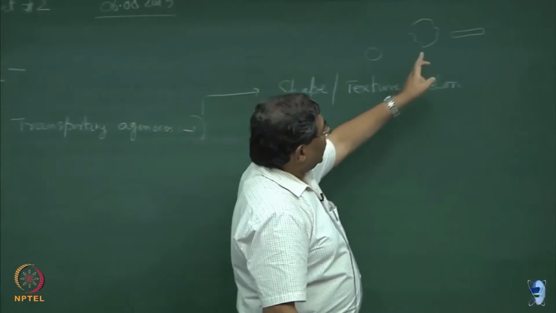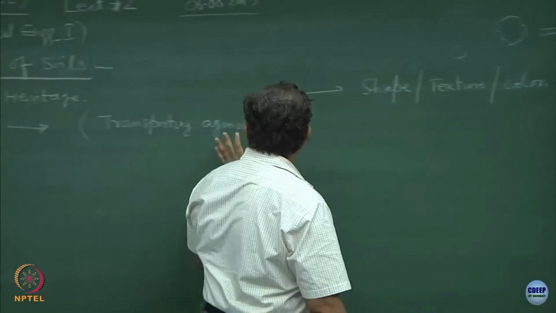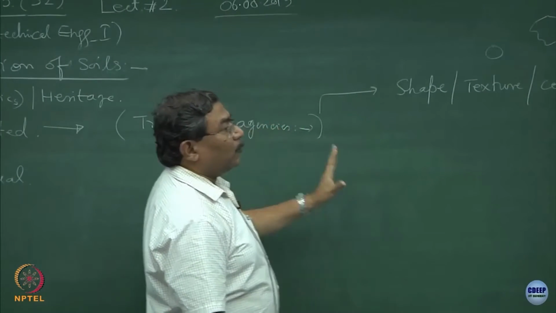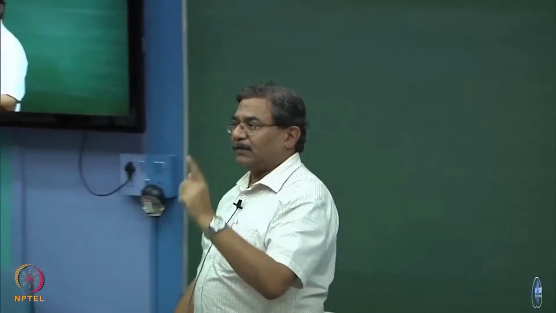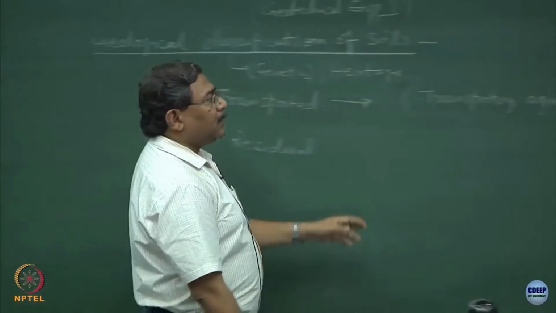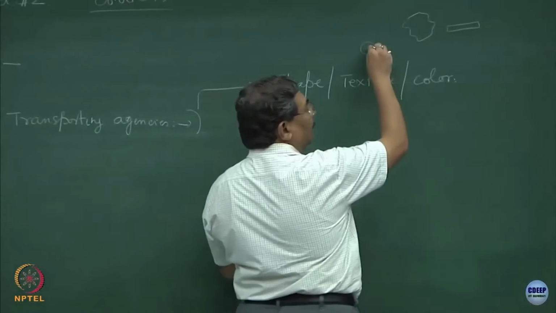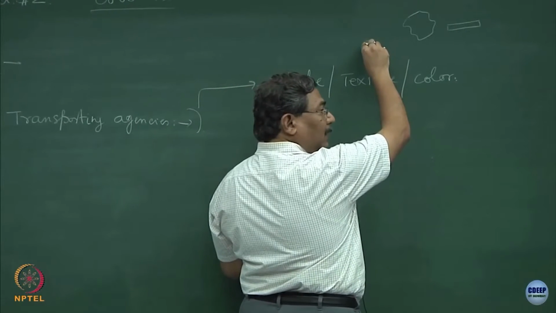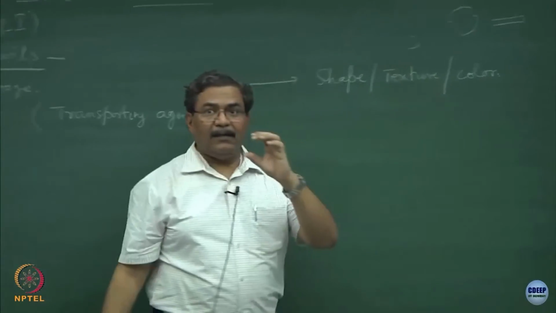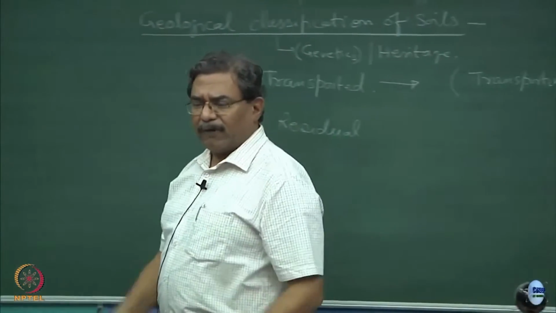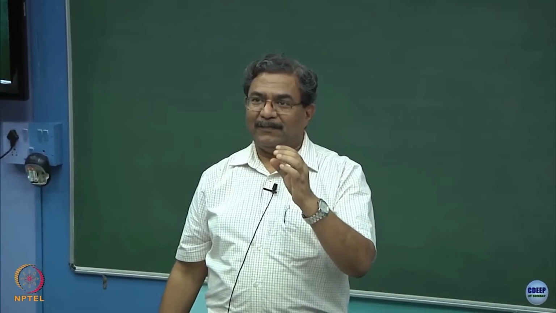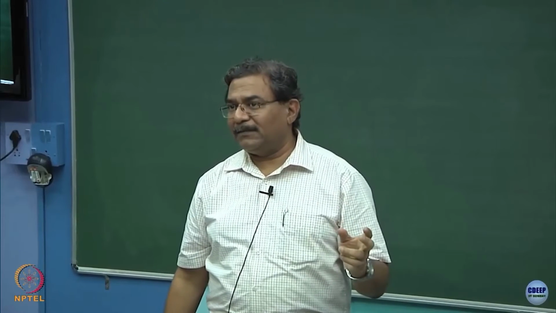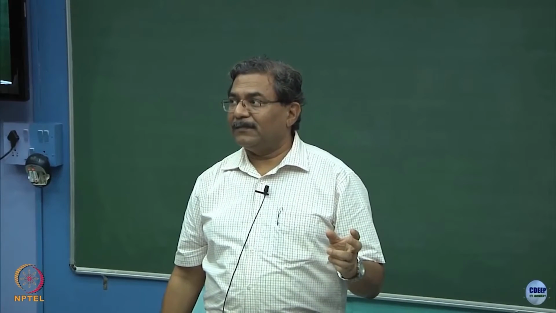So it all depends upon which transportation agency is acting to transport the weathered material which is coming out of the rocks. It is expected that the water is going to create a system of particles which are near spherical, shining, very good looking, fresh quartz, pinkish color, peculiar properties of Gangetic sands. Alright.